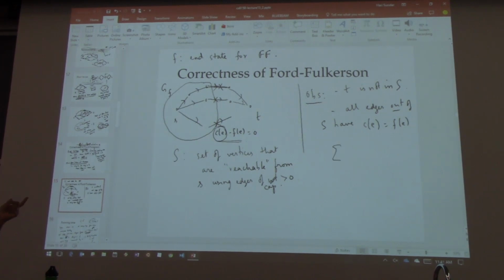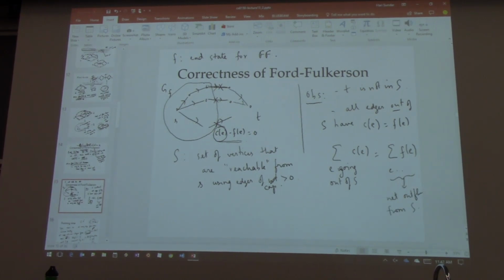Therefore, the sum over all those edges E going out of S of C of E equals the sum over the same E of F of E. This is the net outflow from S, and this is equal to the value of the cut.